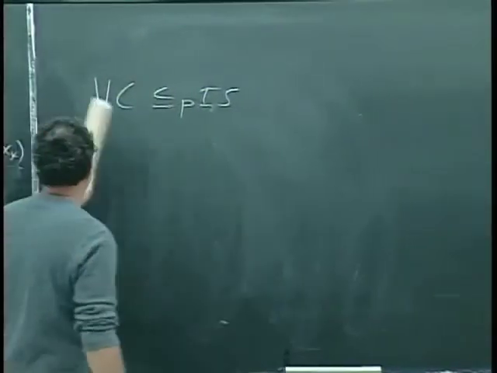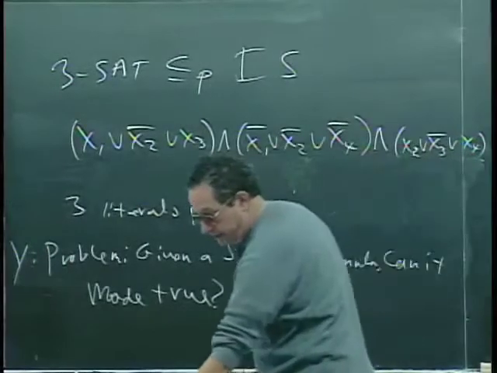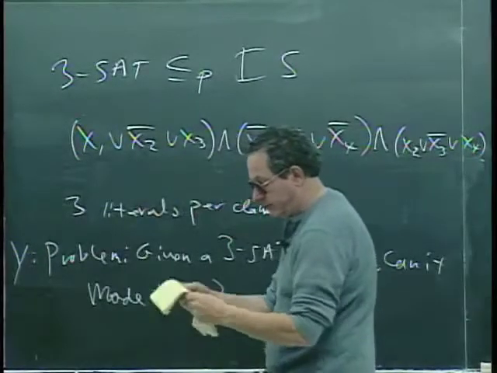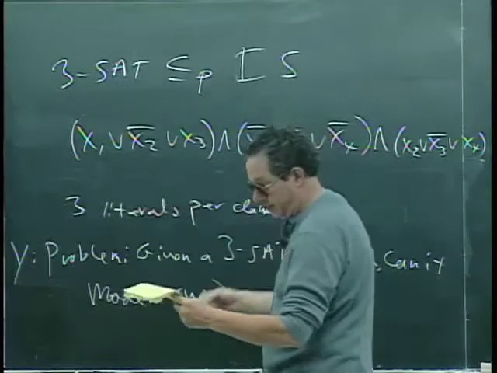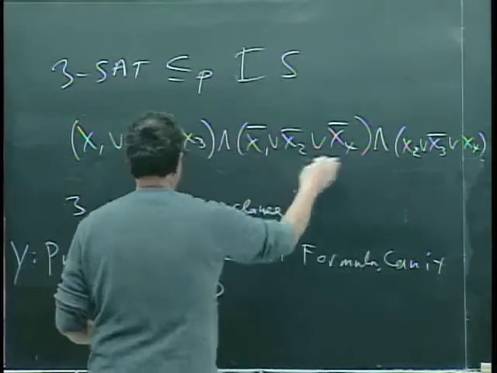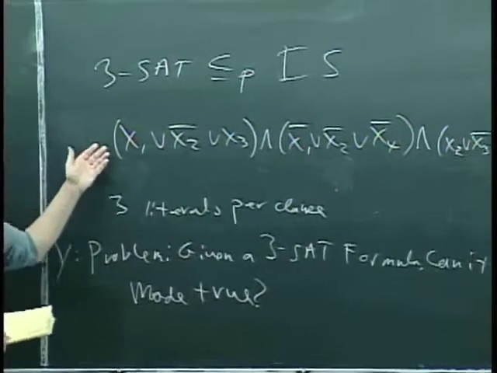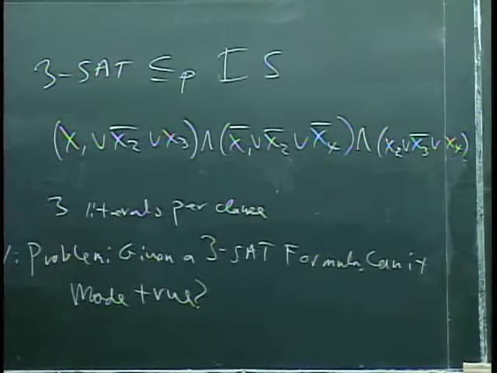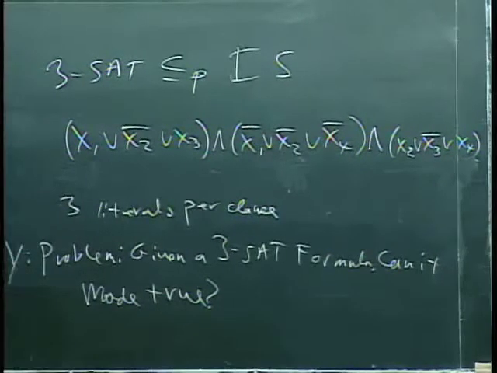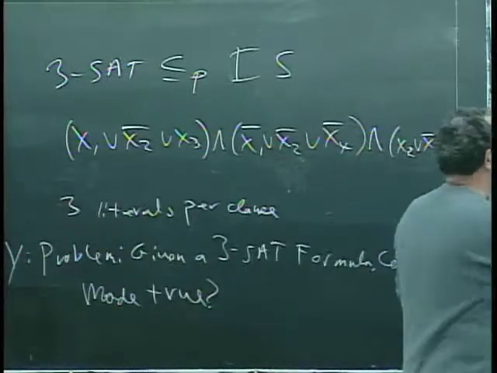Okay, so in fact that's what's going to happen in the 3-SAT reducing to independent set. And I'm going to show you the idea of the reduction just on this particular example. So in comes the input. Let's consider this example as an arbitrary instance of a 3-SAT problem. And my polynomial time reducer is going to produce a graph that's going to look like this.